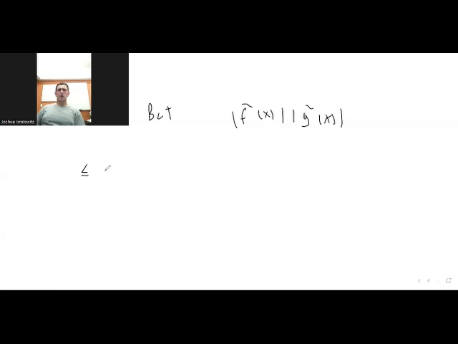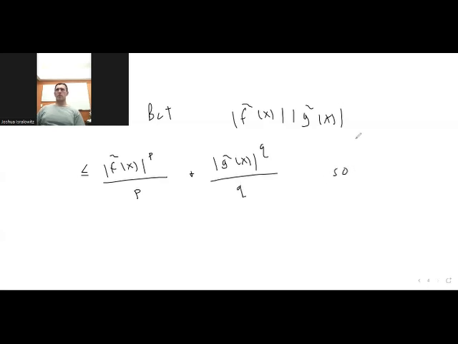So this is less than or equal to, still with tildes, |f tilde|^p over p plus |g tilde|^q over q.